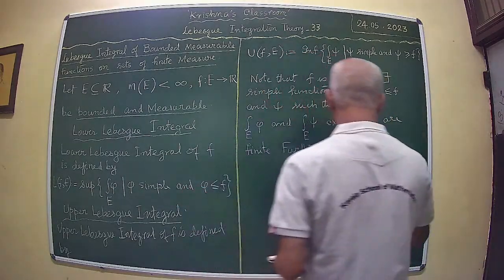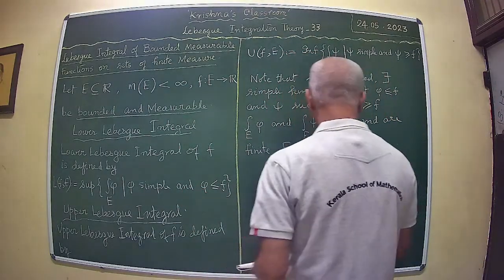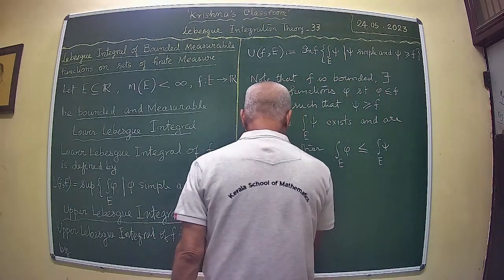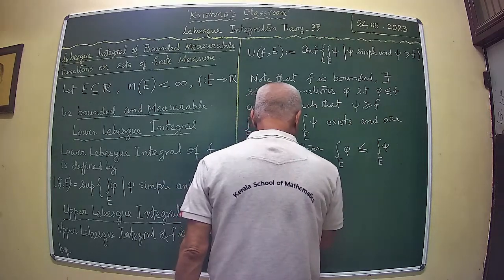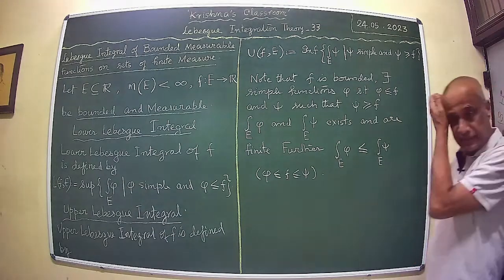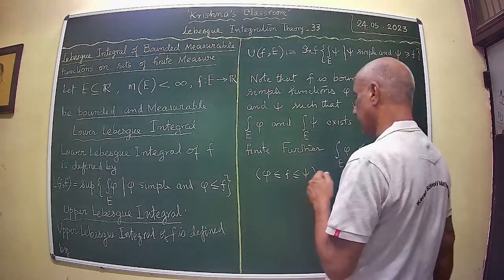That means you have phi less than or equal to f, and f less than or equal to psi. Both phi and psi are simple functions such that this is satisfied.